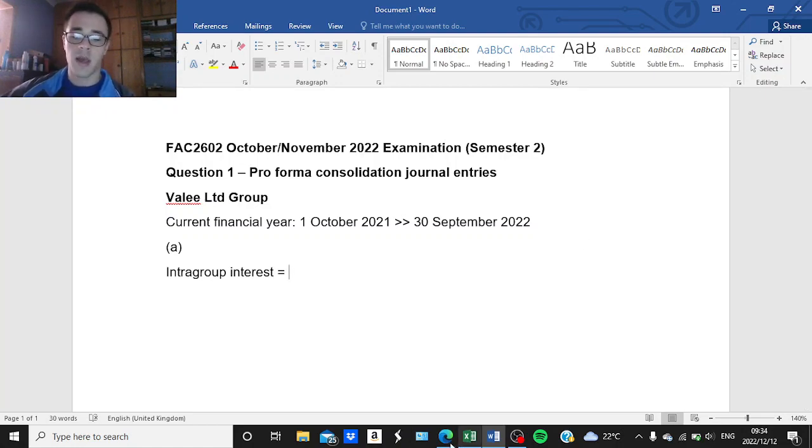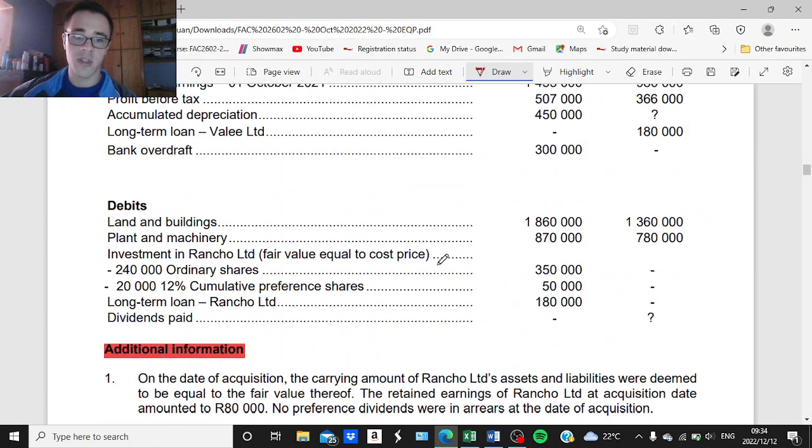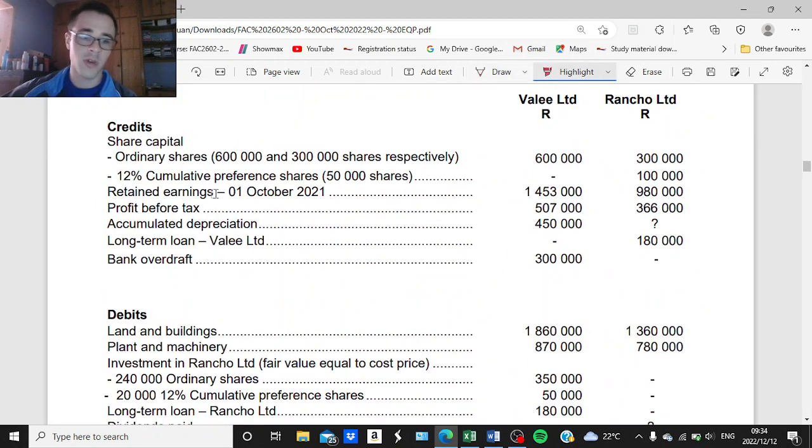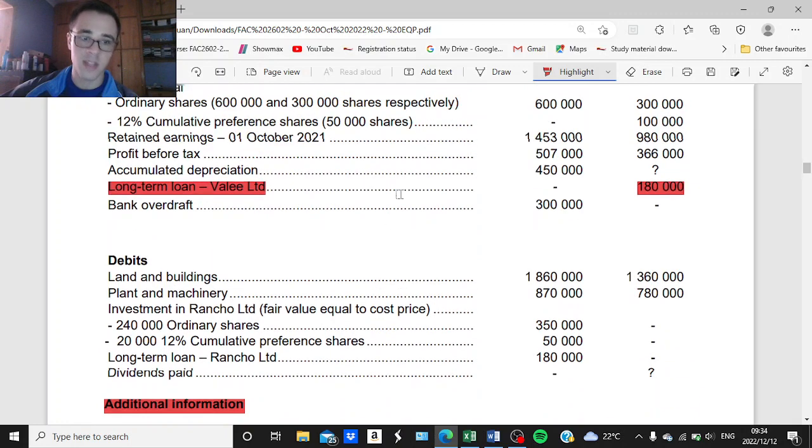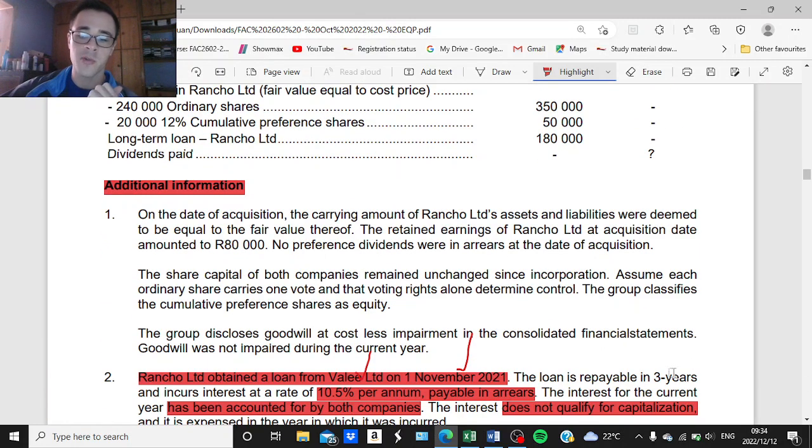All right. We first have to determine the value of the loan. Now, if you go to your given trial balances, you will see that we are given the value of the long-term loan, Valley Limited, 180,000. So in Rancho Limited's records, it will be shown as a non-current liability, because the loan itself is only repayable in 3 years' time.